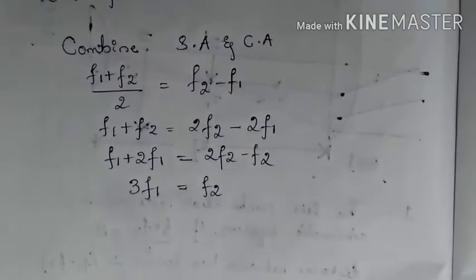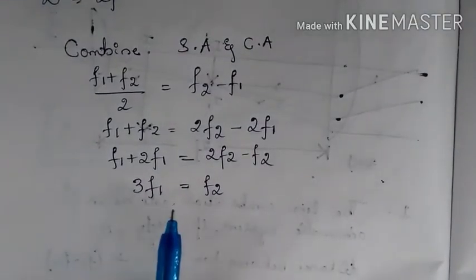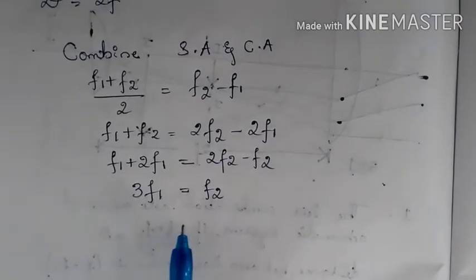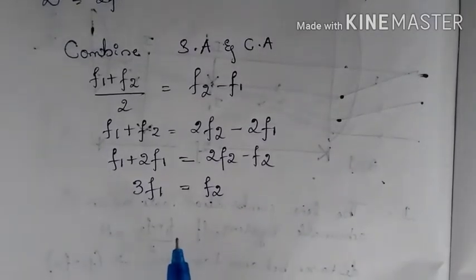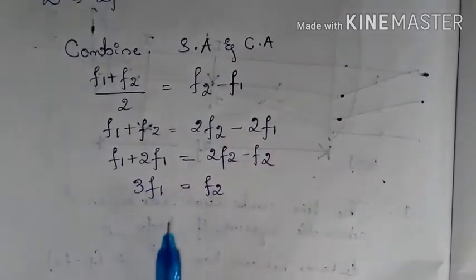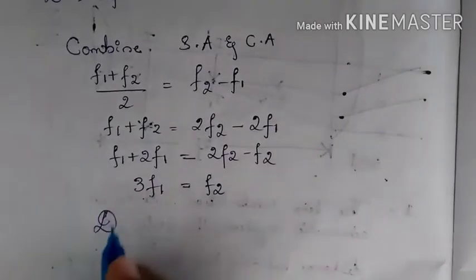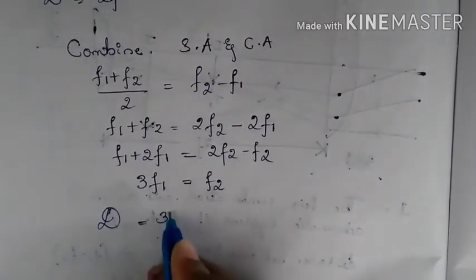So you got F2 is equal to 3 times F1. So that is the thing that we have said earlier. The focal lengths are in a ratio 3:1.